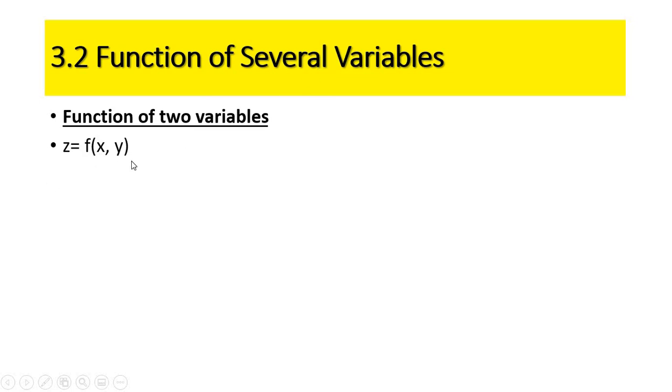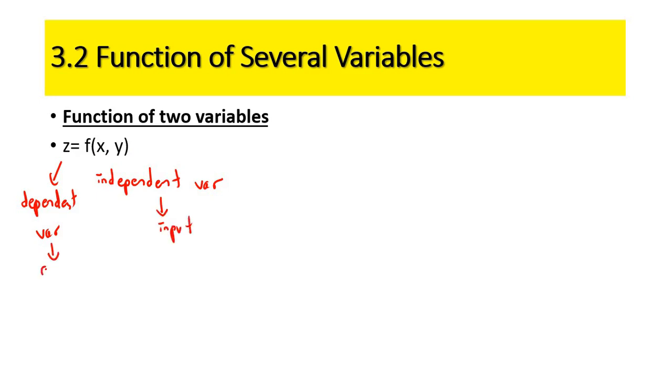For example, in a function of two variables, x and y are what we call the independent variables. z is the dependent variable. z depends on the value of x and y. Independent variables are also called the input. The dependent variable is the output.